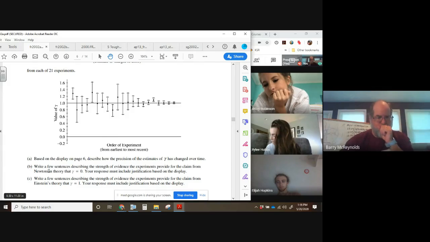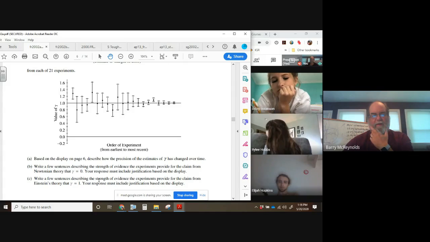And so now we look at part C: write a few sentences describing the strength of the evidence for Einstein's claim that gamma equals 1. What will we say there?